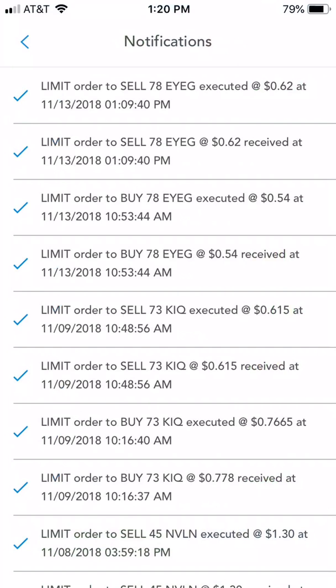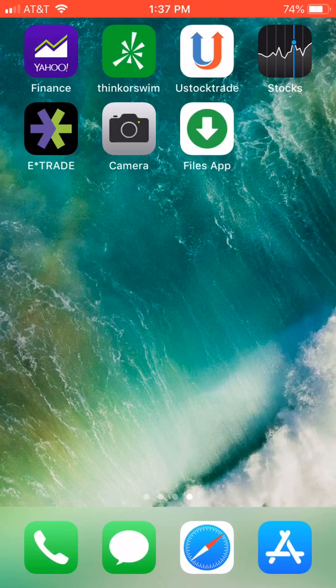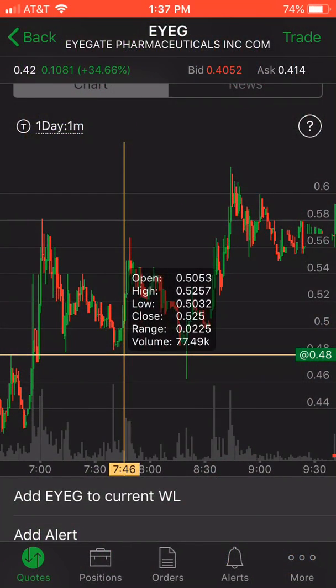Okay, at 10:43, I bought at 54 cents. Okay, then something's not making sense. 10:53, so that should be 7. Oh, I think I was looking at 4. So 7:53 California time. It shouldn't be that complicated.